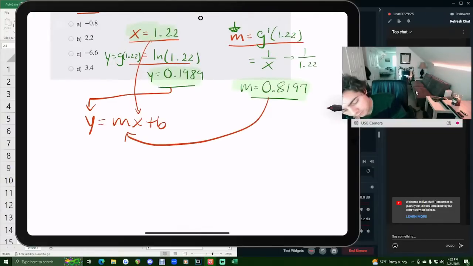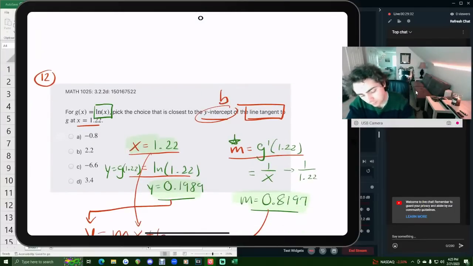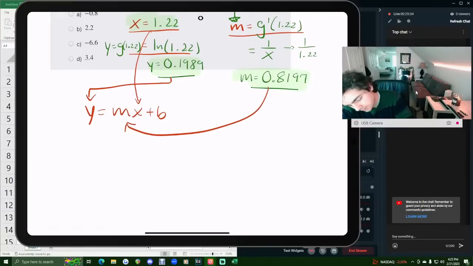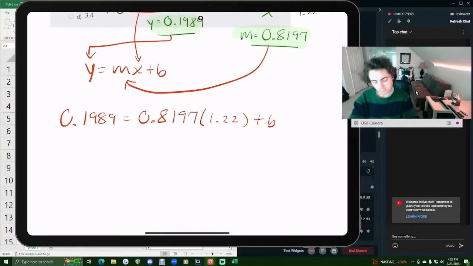And when we solve for b, we will be solving for our y-intercept, because that's what b represents. So plugging in our y value of 0.1989, our m value of 0.8197, our x value of 1.22 plus b, we should be able to solve for b.